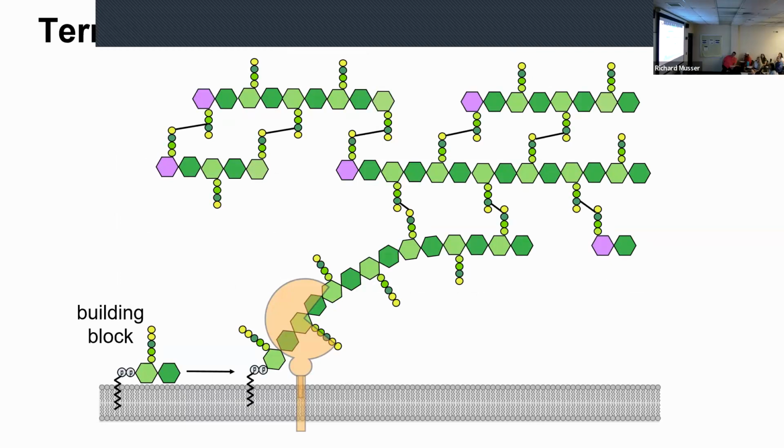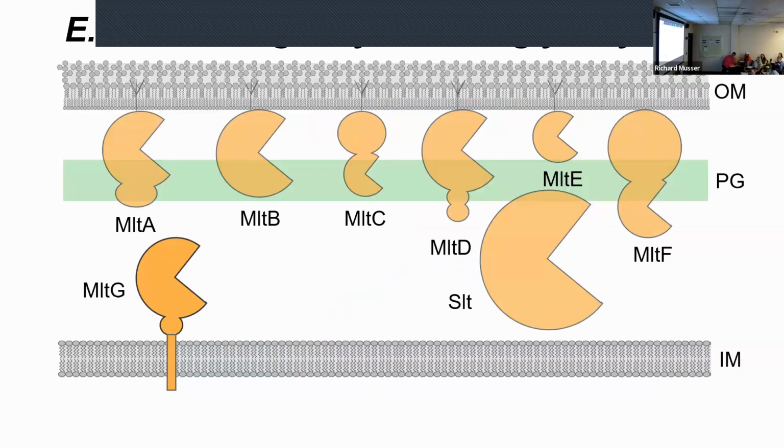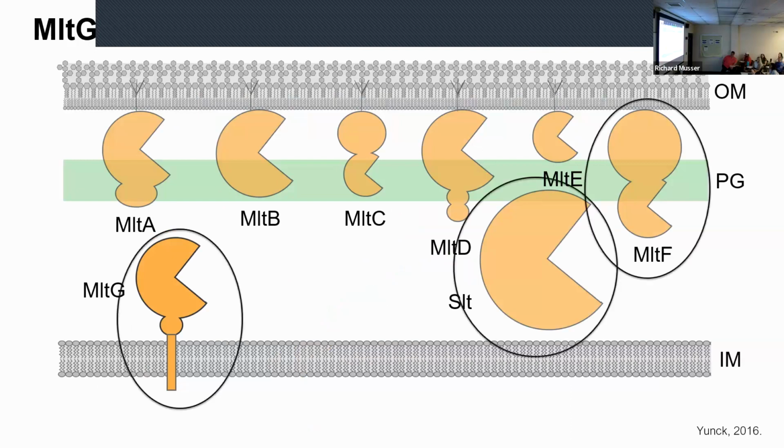The point where you want to cleave is there. Of the 8 lytic transglycosylases, only 3 have or potentially have the ability to reach that inner membrane proximal region. MltG, which is conveniently located in the inner membrane, Slt, which is soluble in the intermembrane space, and MltF, which is just long enough to reach from its anchorage in the outer membrane through to the other side of the peptidoglycan cell wall. So our 8 have now become 3.